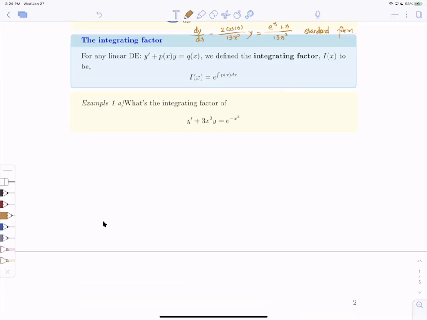So our integrating factor, I of x, equals e to the integral of 3x squared dx, which will give you e to the x cubed. Okay, so that's your integrating factor. You don't really need to add plus c here.